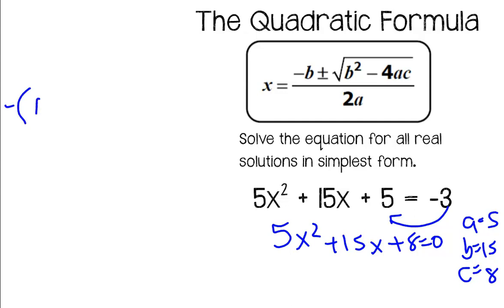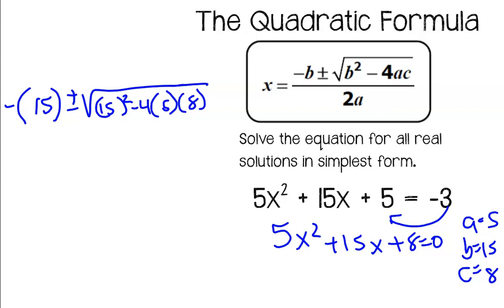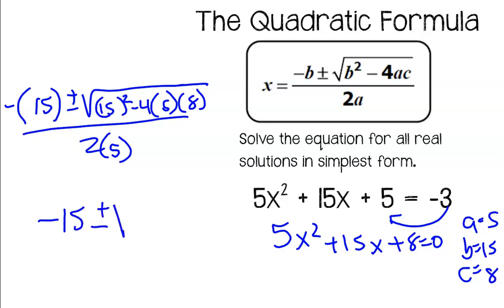Negative B plus or minus the square root of B squared minus 4AC all over 2A. Okay, now instead of putting this whole thing in my calculator, I'm just going to put the discriminant in my calculator. So this is going to stay the same. This square root sign is going to stay the same, and 2 times 5, I can simplify that.